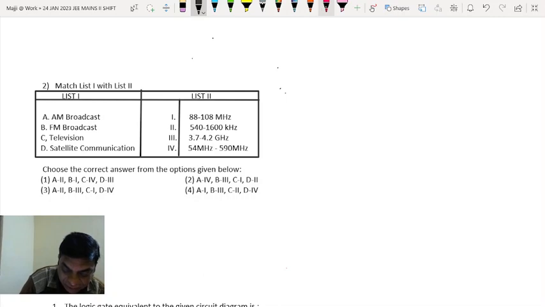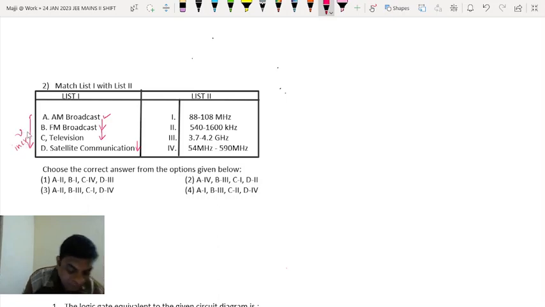Now as you can see here, the amplitude modulated wave has the lowest frequency. Frequency modulated wave has more frequency, television has still more frequency, and satellite communication has still more frequency. In fact, as you go from top to bottom, the frequency range keeps on increasing.